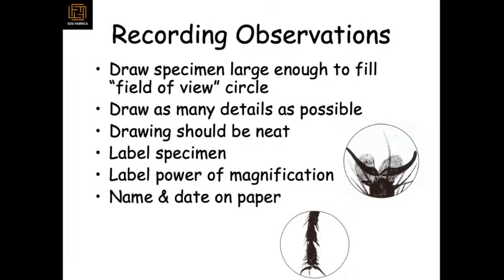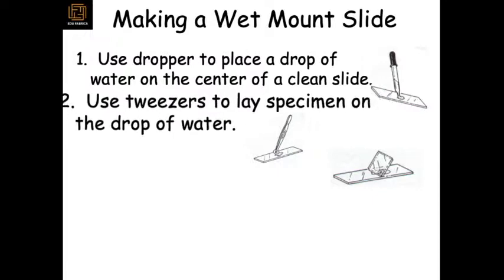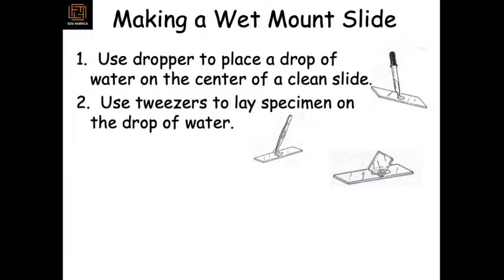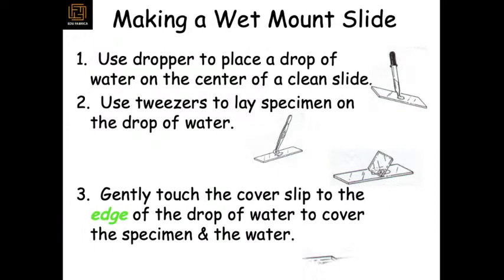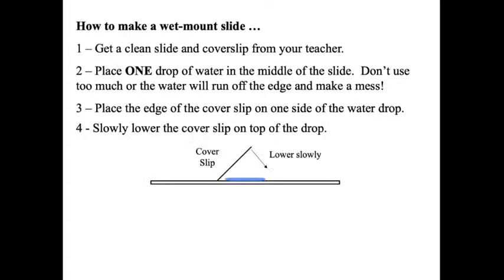This is what we used to do in the lab, but not here. While making a wet mount, clean your slide, use tweezers to lay the specimen on the slide, and put one drop of water or oil in the middle.